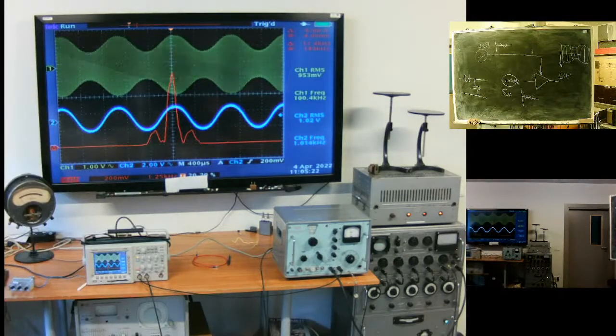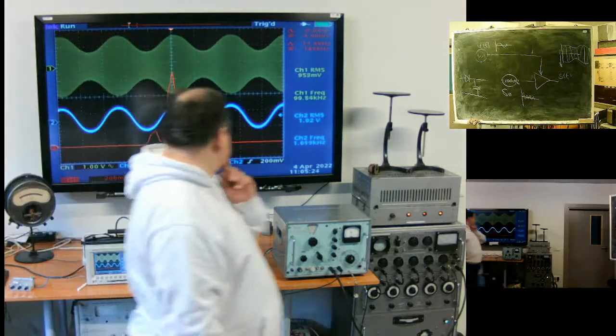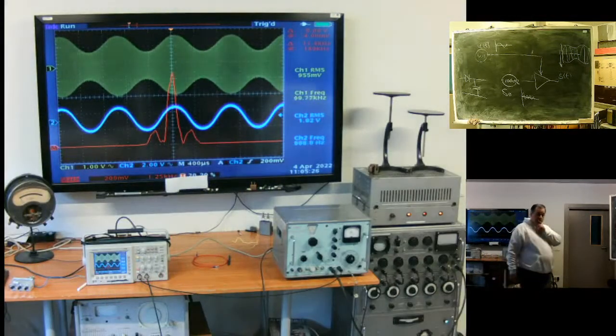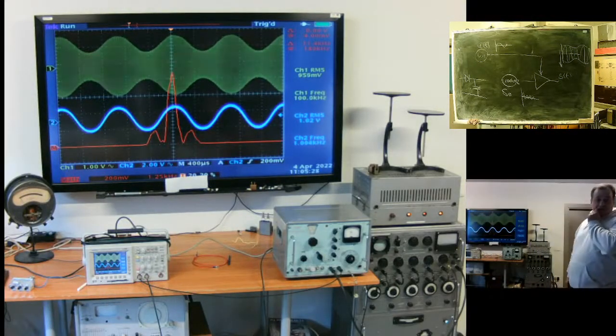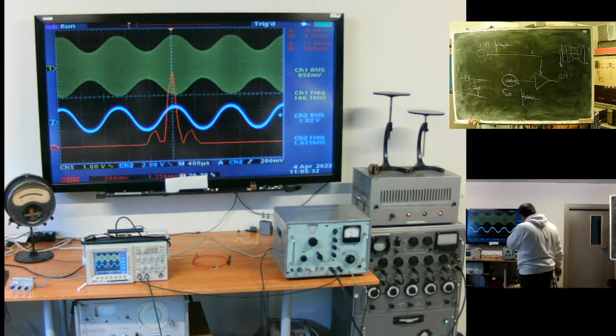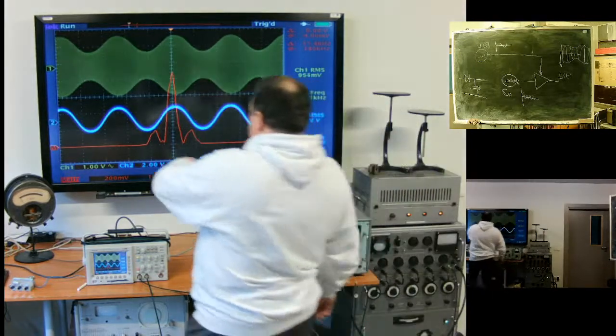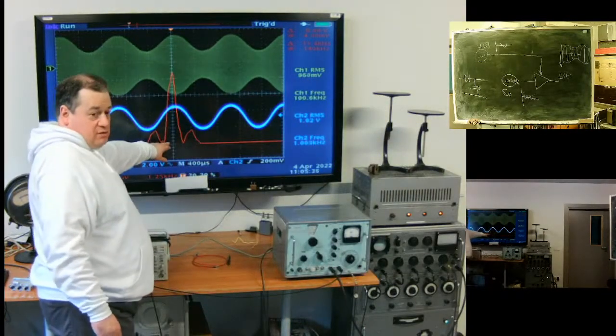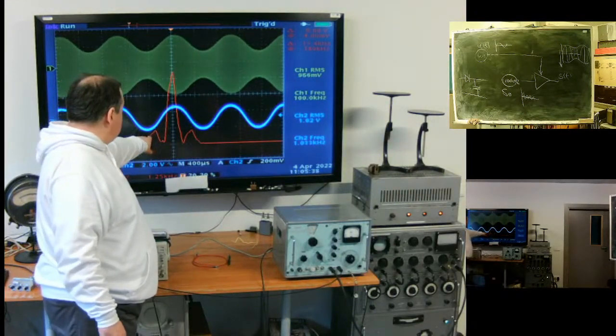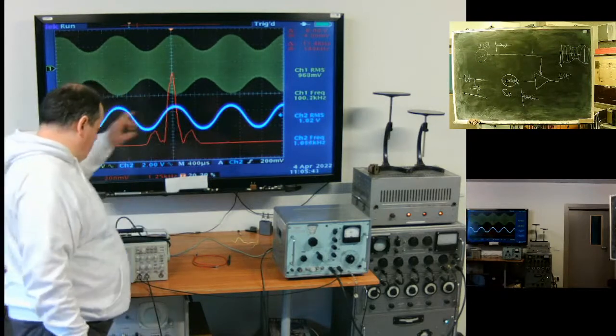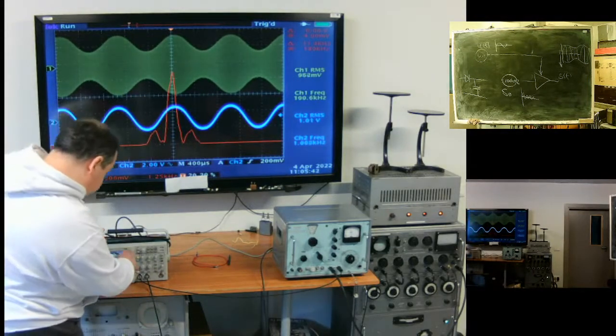The red line, our modulated signal as a function of frequency. We have a central band and two side elements.